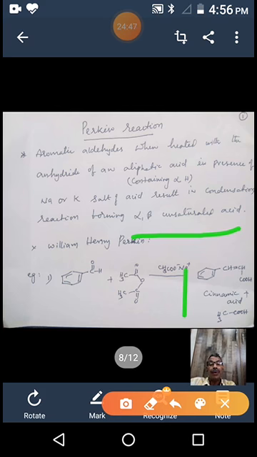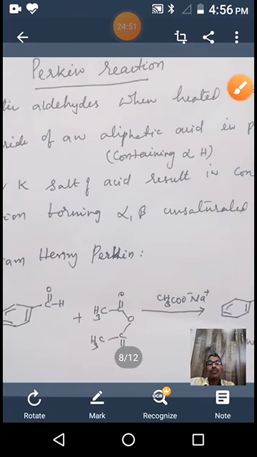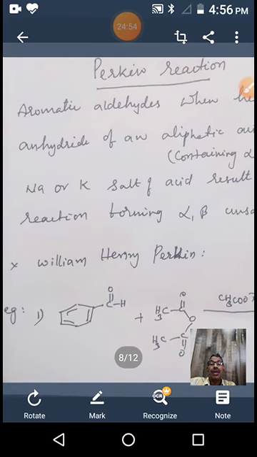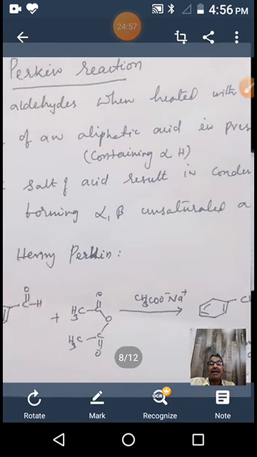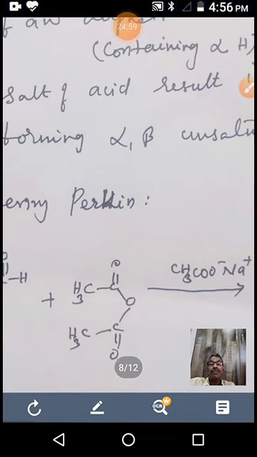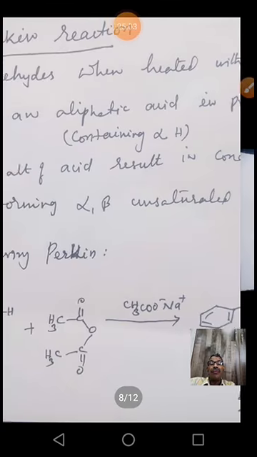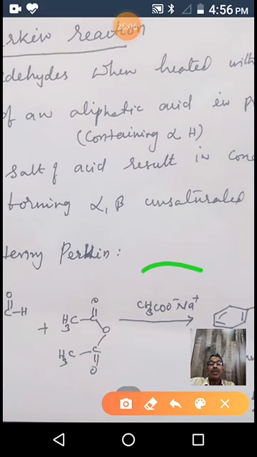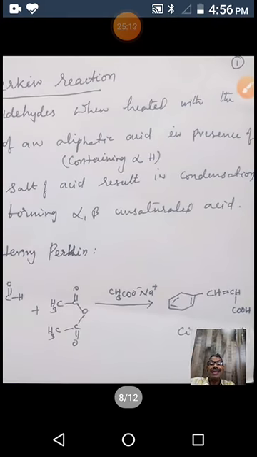For example, in detail, you see this is an aromatic aldehyde, benzaldehyde. It reacts with acetic anhydride, this is acetic anhydride, and sodium acetate, this is sodium acetate. The reaction proceeds to give cinnamic acid.